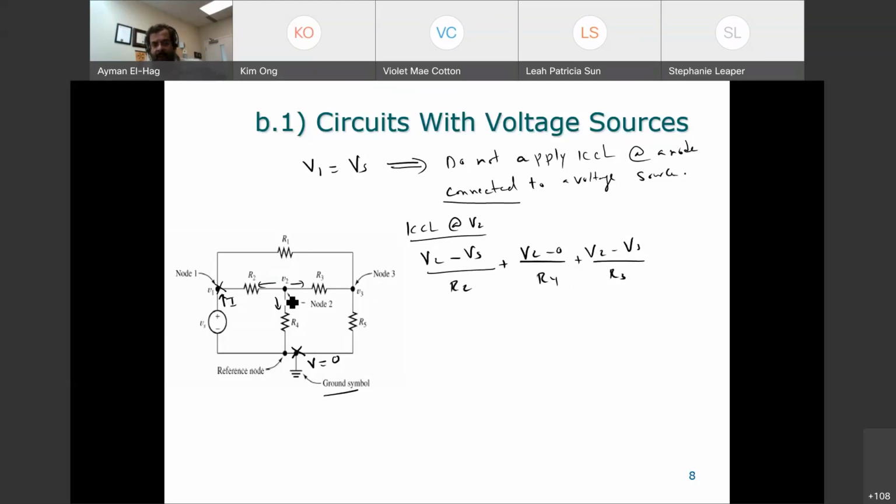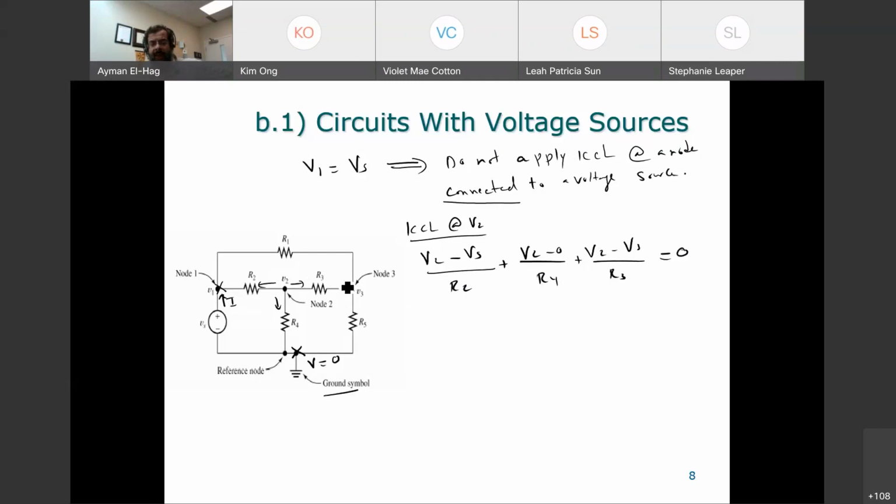And that's it. We have 1, 2, 3 branches. We have 1, 2, 3 items. There should be matching between the number of branches and the number of items in the equation. Sometimes we might forget. So make this exercise every time to make sure that they are matching, at least at the beginning, because you are still not very familiar with the technique. Until you master it, then you don't need to check every single point like that. So this is equal to 0.